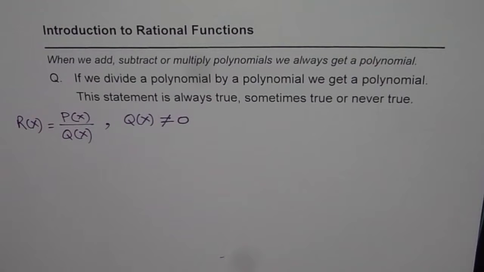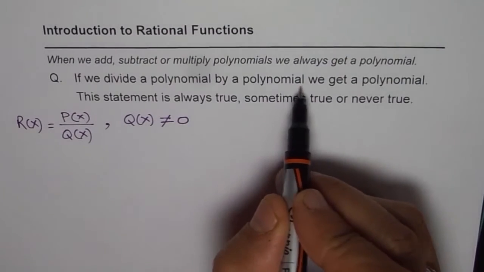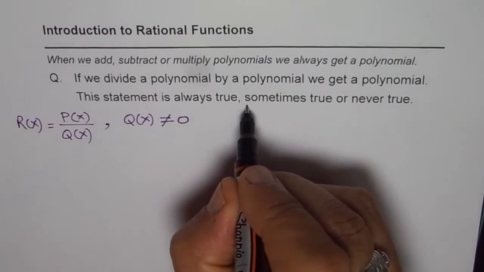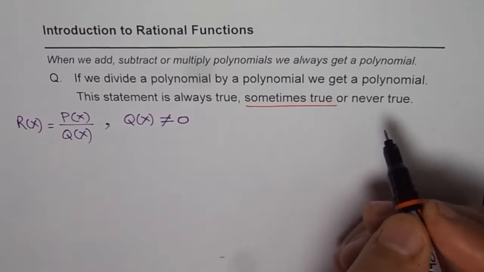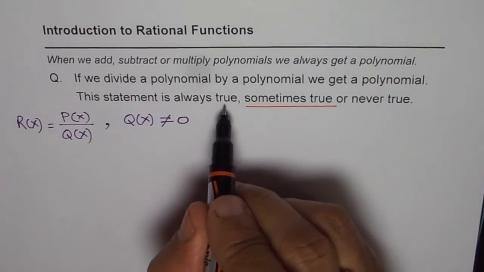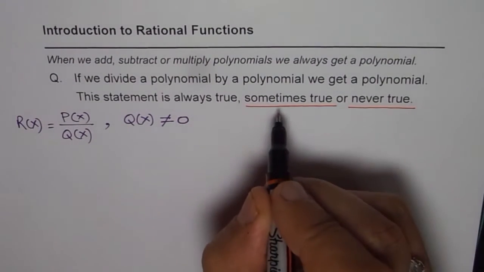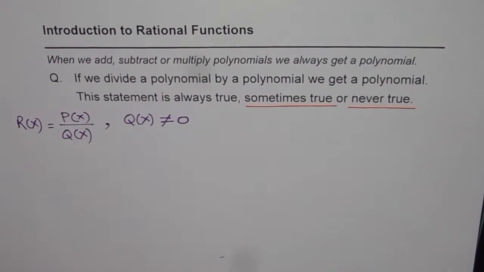Now let's get back to our first question, that is, when we divide a polynomial by another polynomial, do we get a polynomial or not? The answer 'always true' is absolutely wrong, but now we have a choice between sometimes true or never true. So what is your answer?